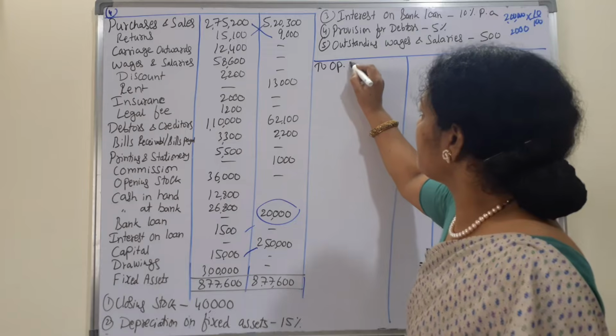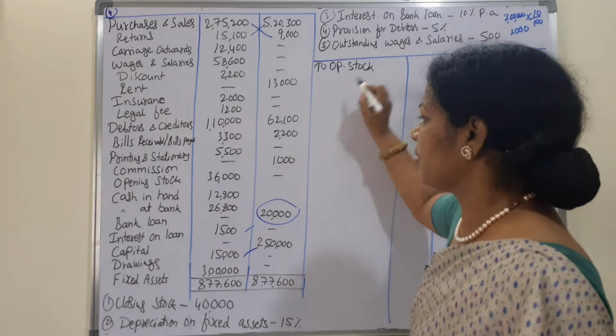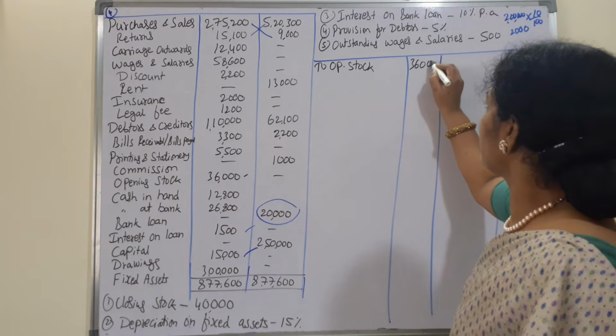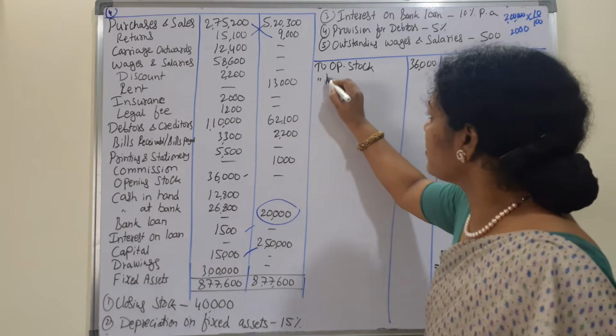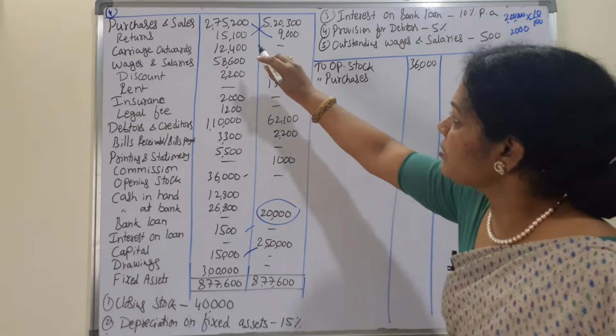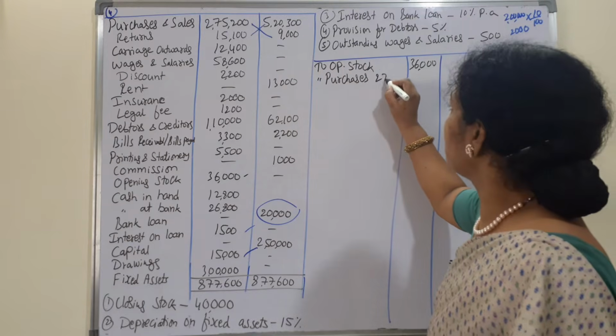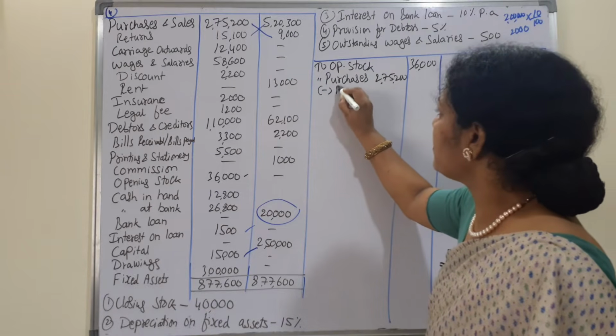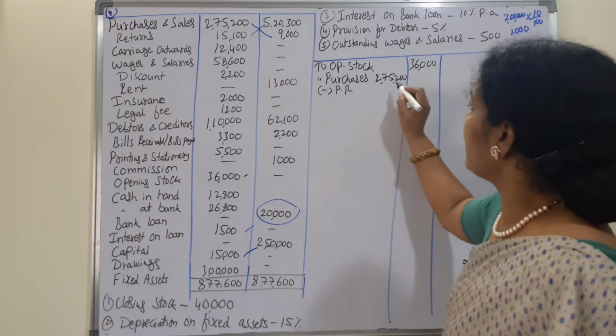To opening stock, it is here, 36,000. Then we'll take purchases in the inner column because there are purchase returns. Purchases 2,75,200 minus purchase returns 9,000.